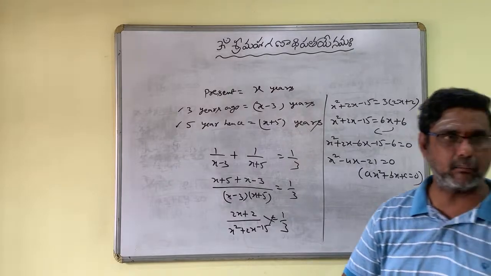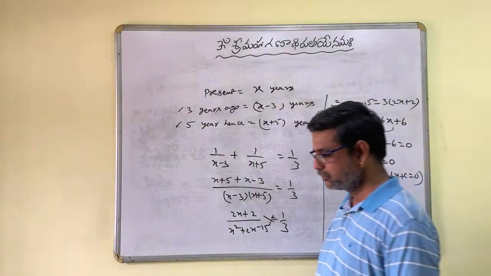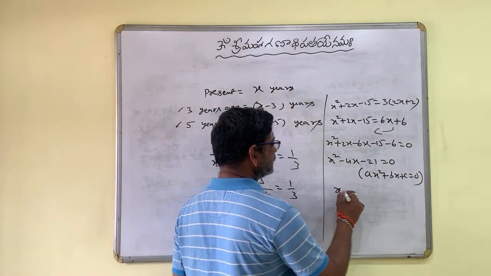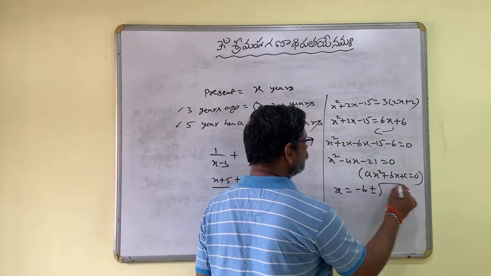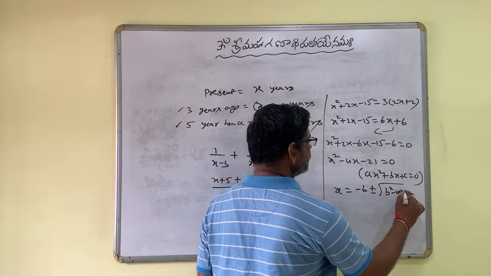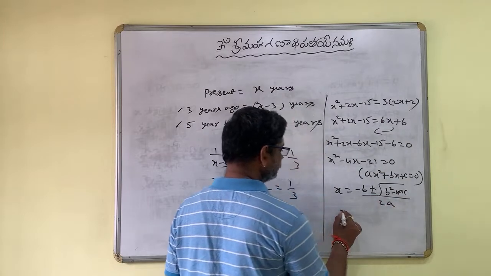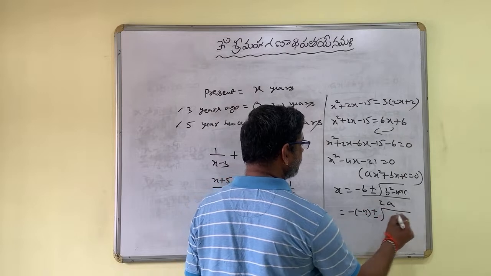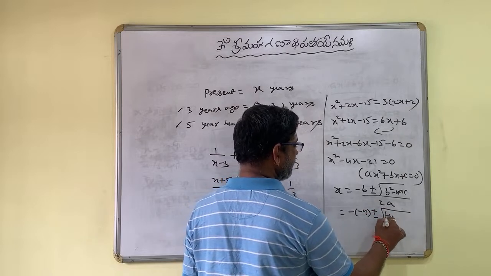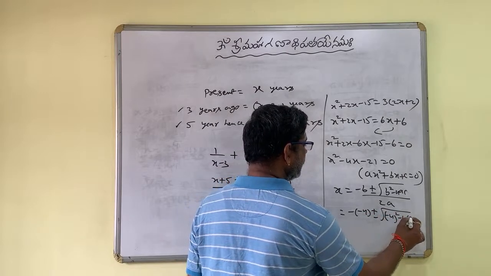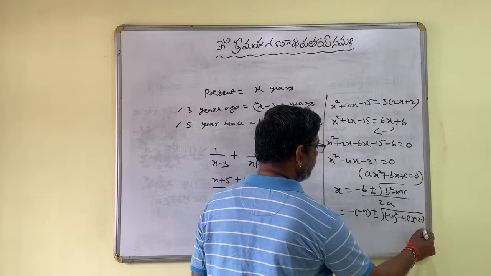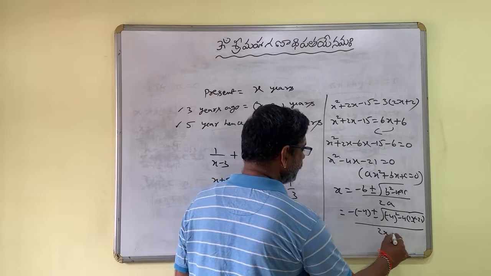Substitute in the quadratic formula. x is equal to minus b plus or minus root over b square minus 4ac, by 2a. That gives minus of negative 4, plus or minus root over b square, that is 16, minus 4 into 1 into negative 21, by 2 into 1.